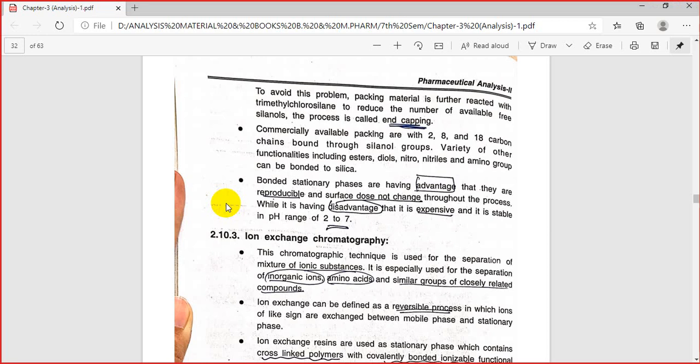Bonded stationary phases have the advantage that they are reproducible and the surface does not change throughout the process, but the disadvantage is that they are expensive due to the preparation process, and they are only stable in the pH range of 2 to 7.